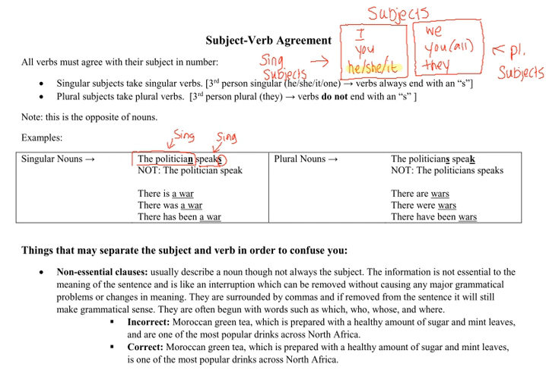That, however, is the most common way you will see nouns in sentences. The he, she, it form of the subject is one of the most common ones. So for this, the verb has an S in the singular.